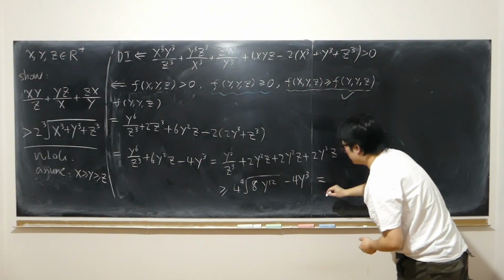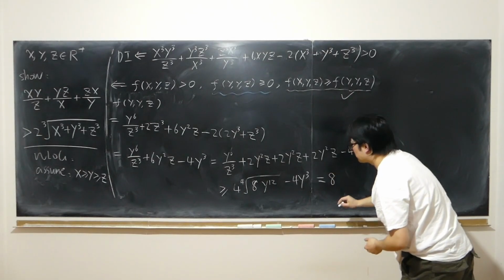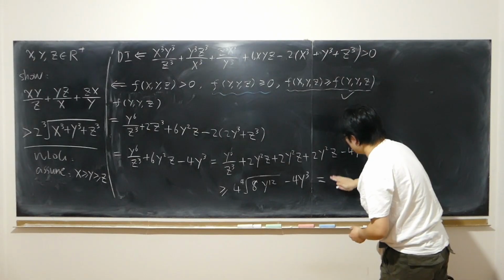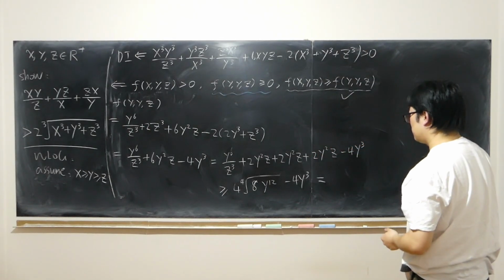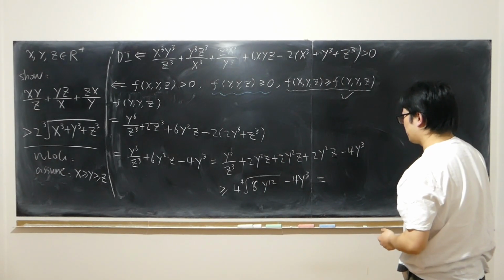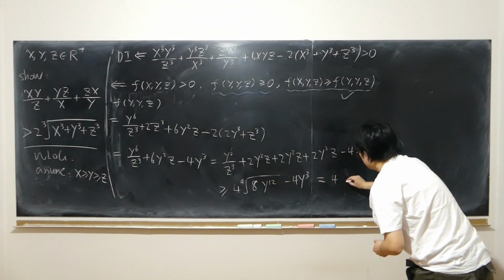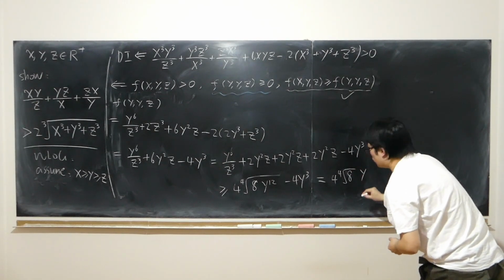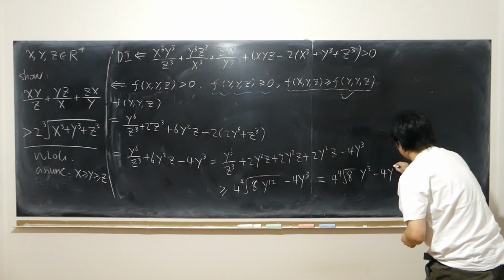And that is equal to 4 times the fourth root of 8 times y cubed minus 4 times y cubed.